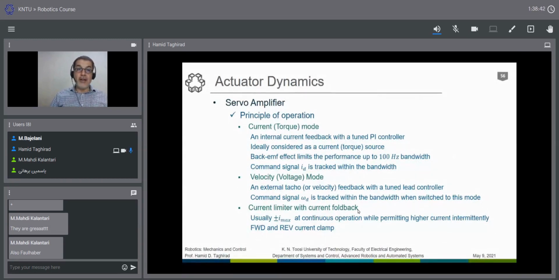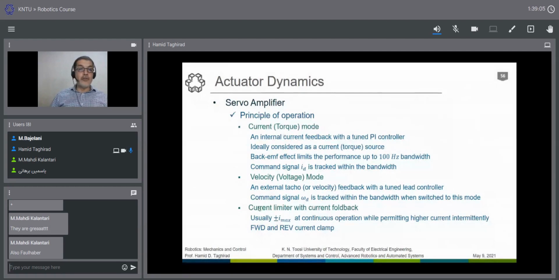If you would like to have faster motion, faster velocities, you have a velocity mode, where you control the voltage. If you would like to control the torque of the motor, as we did in the dynamics, you have to go to the current mode and control the current of the system.